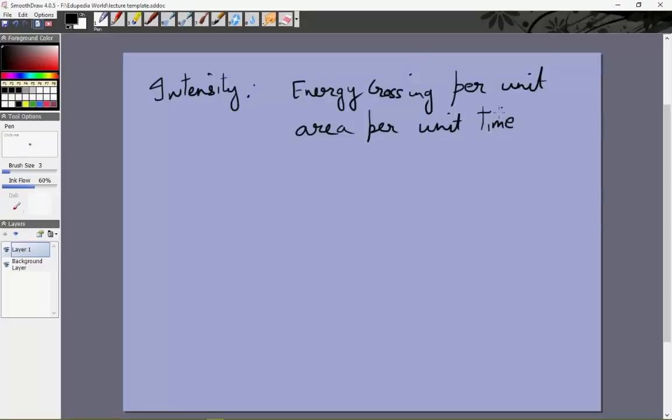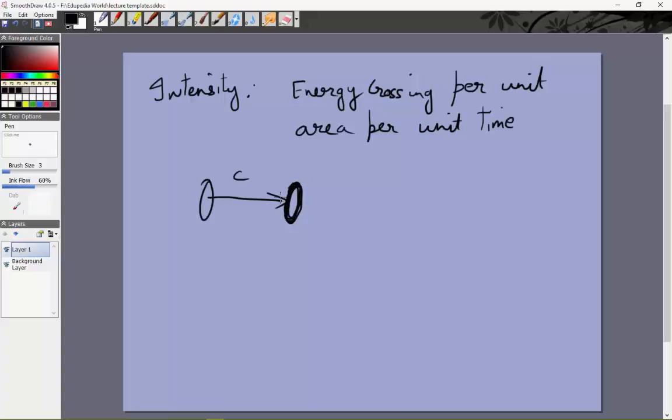Or another way of saying this would be power crossing per unit area, right? So let's see what that is. We have an electromagnetic wave traveling at a speed c, right? Let's consider a certain region and this particular surface. We'll be applying intensity for this surface.